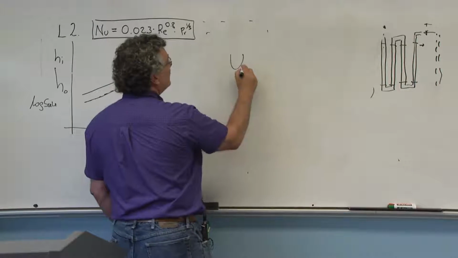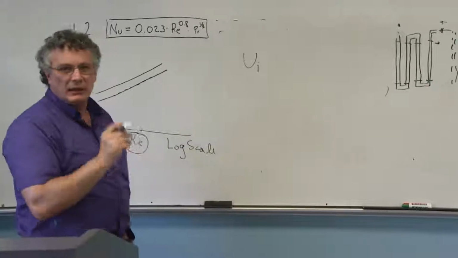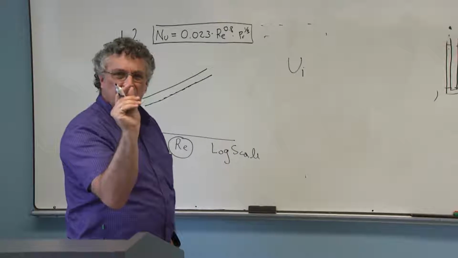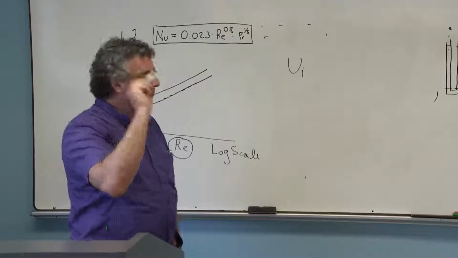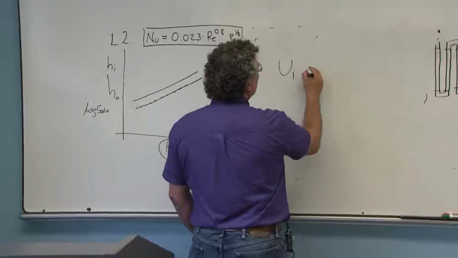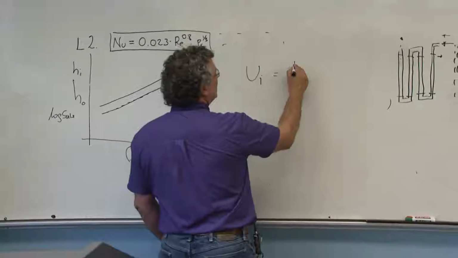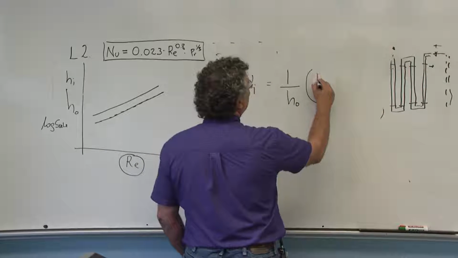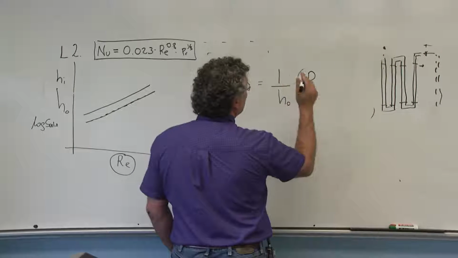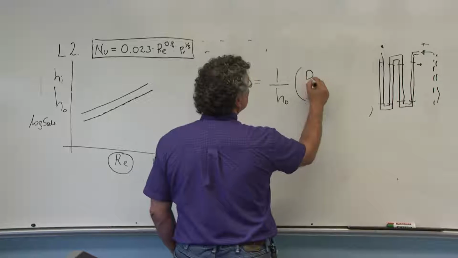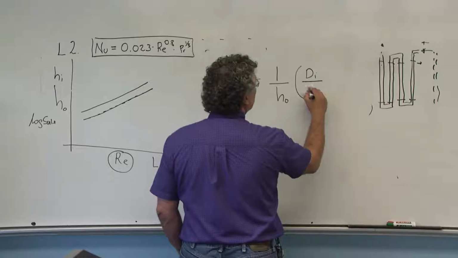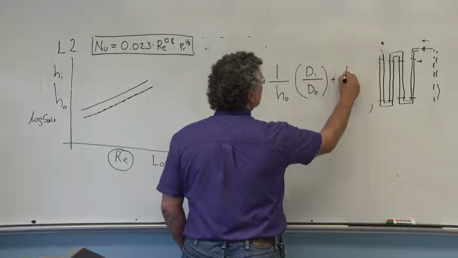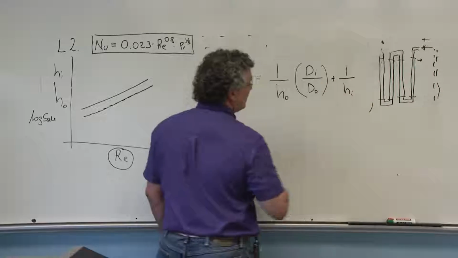The overall heat transfer coefficient in the inside, and this is just because there's a tiny difference in the area inside of the tube and outside, is going to be equal to 1 over H0 multiplied by dI over dO plus 1 over HI.